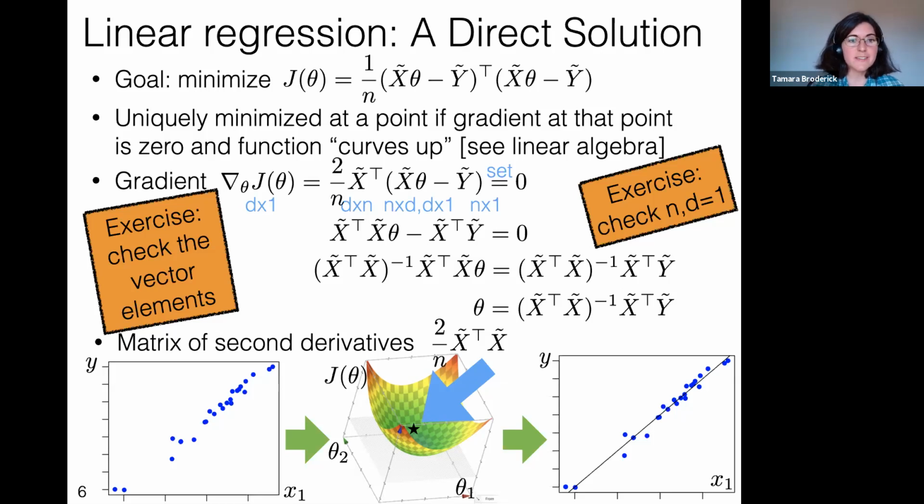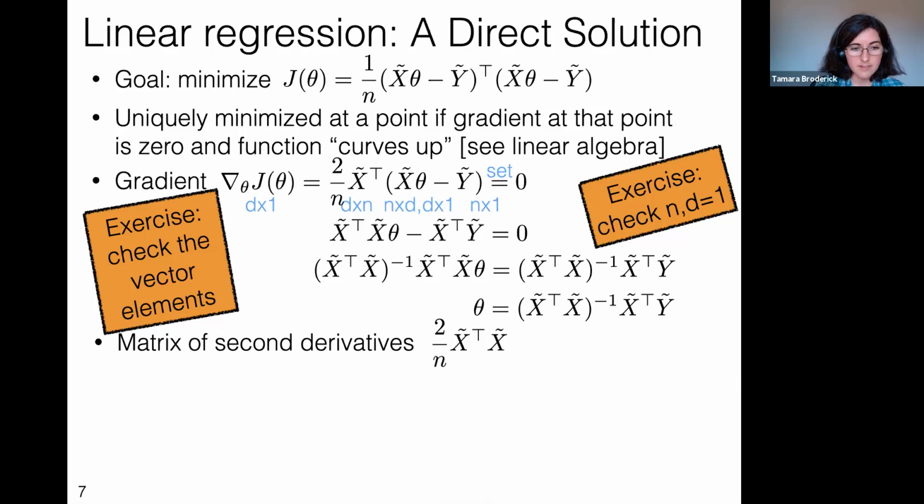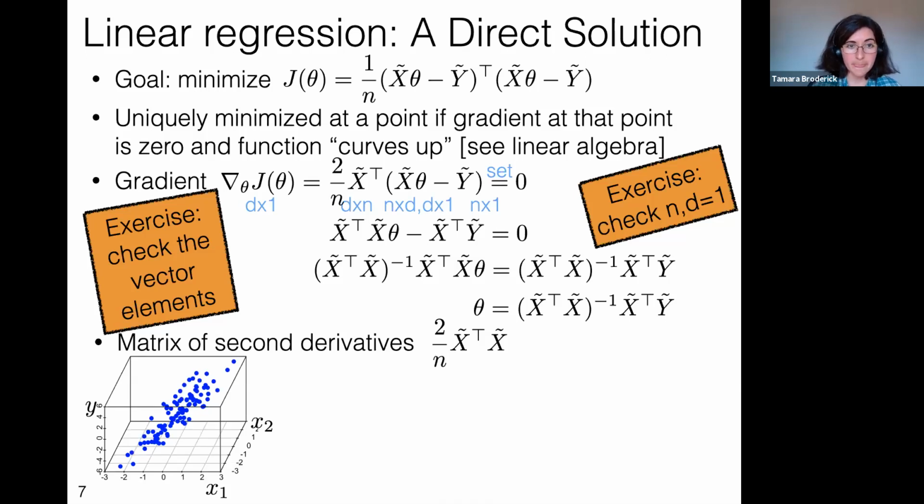Now, let me just show the same thing, but in a two-dimensional feature space. So in a two-dimensional feature space, it's going to be much the same. We're going to start off with a bunch of data, but now that data has x1 values and x2 values and labels.